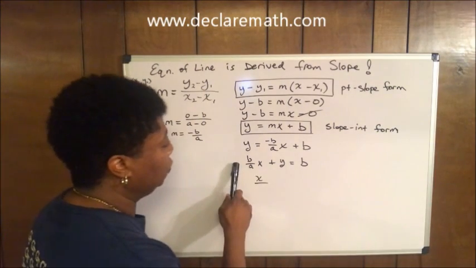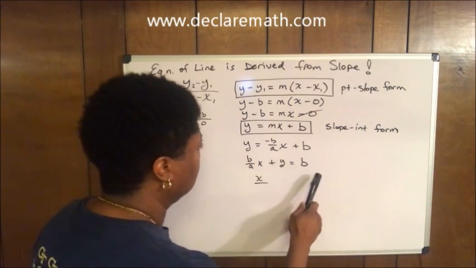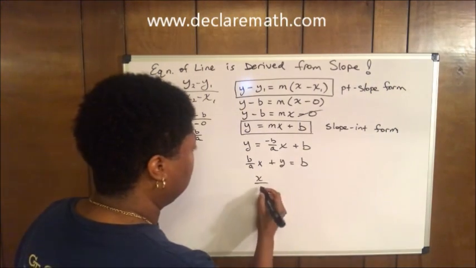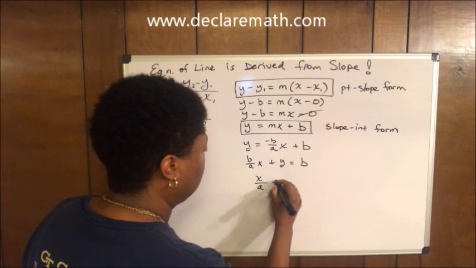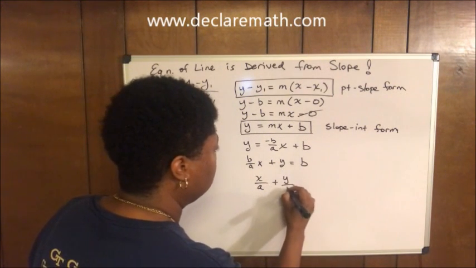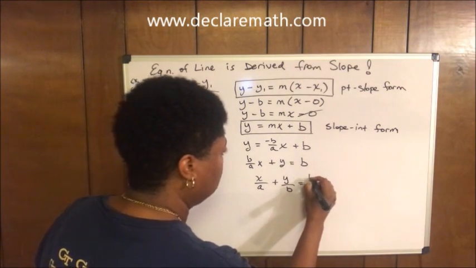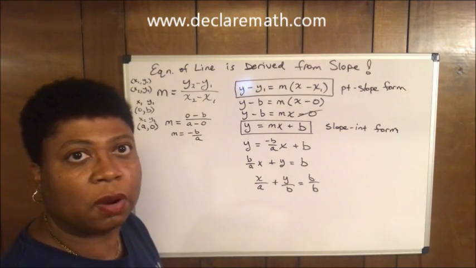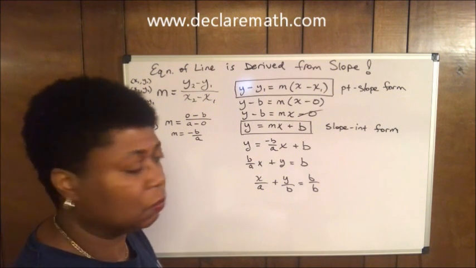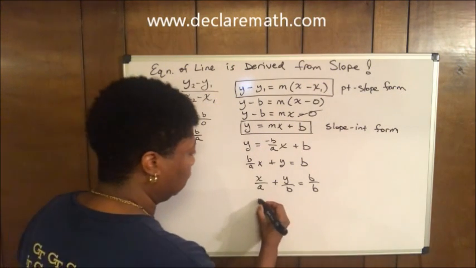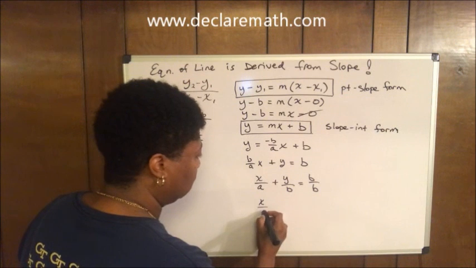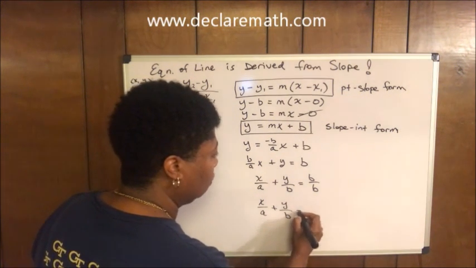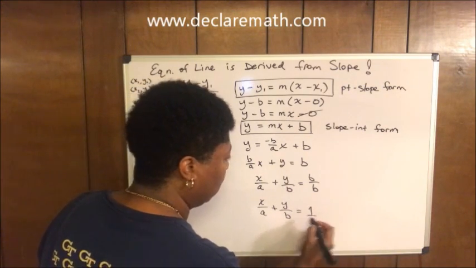If we divide through by b, both sides of the equation, then we end up with x over a plus y over b equals b over b. Well, what is a number over itself reduced down to? 1. So we end up with x over a plus y over b equals 1.